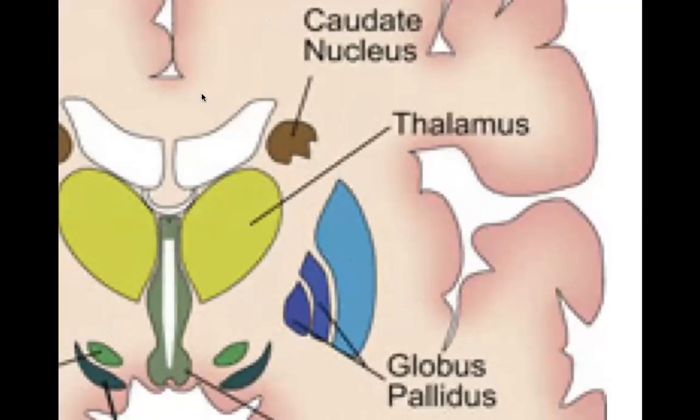Let's imagine this as the cerebrum, which is divided into the gray matter, the cerebral cortex, and the white matter. Embedded in the white matter would be a mass of gray matter. We call it the basal nuclei. Some parts of the basal nuclei include the caudate, the putamen, and the globus pallidus.